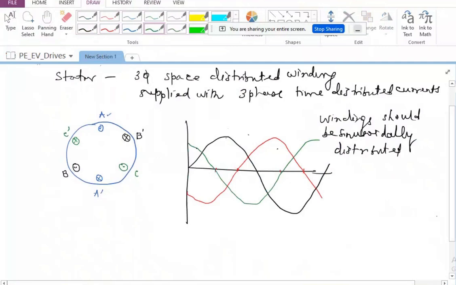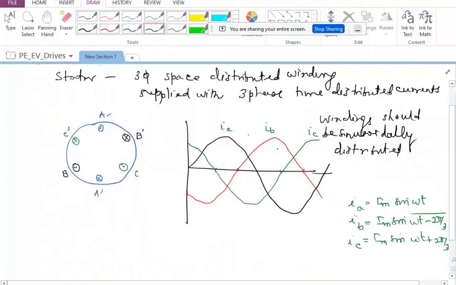Okay. So let me call this IA, this IB, and this IC. And if I'm writing IA equal to Im sine omega t or cosine omega t, IB will be Im sine omega t minus 2 pi by 3 or 120, and IC will be Im sine omega t plus 2 pi by 3.